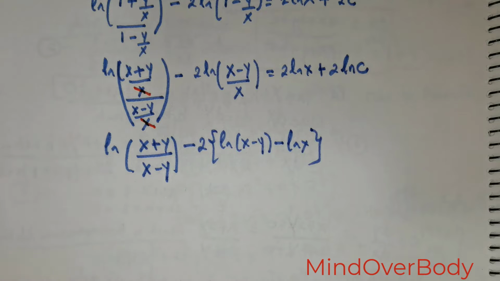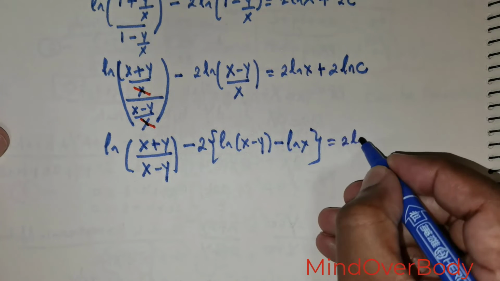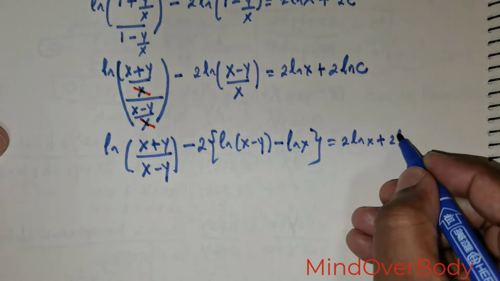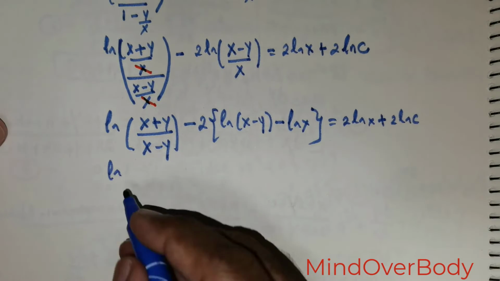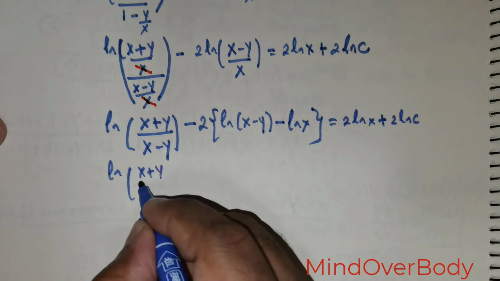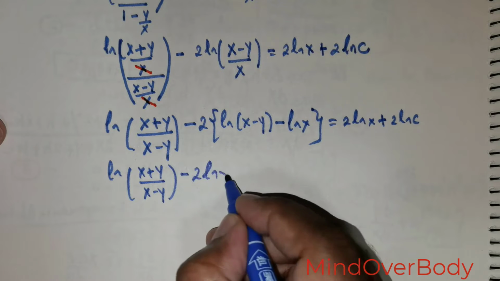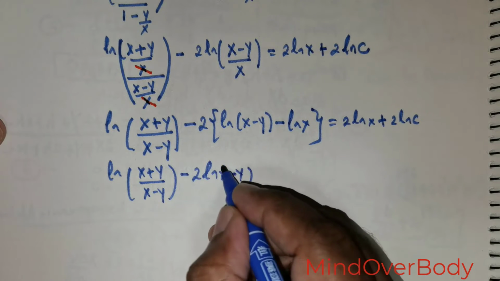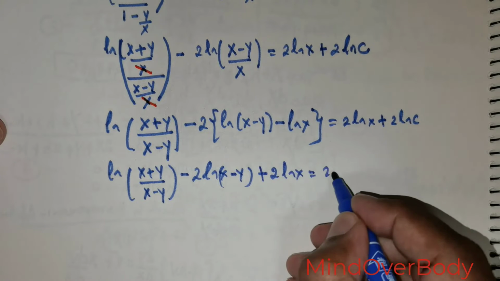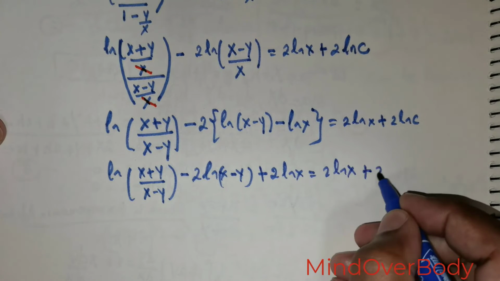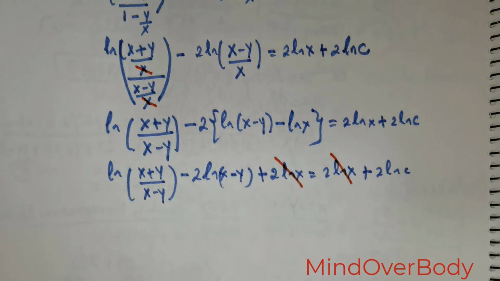So this is what I've got. On the right hand side it's going to be 2 times ln x positive 2 times ln c. I can rewrite this as ln of x positive y divided by x negative y minus 2 times ln of x negative y plus 2 times ln of x is equal to 2 times ln of x plus 2 times ln of c. Now these two things can be cancelled.